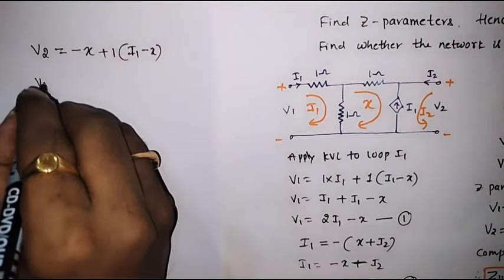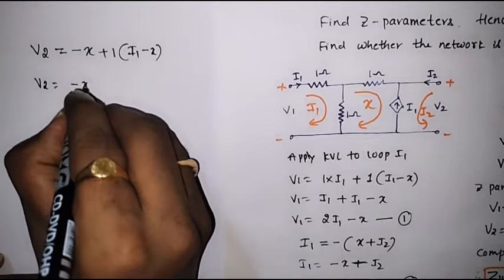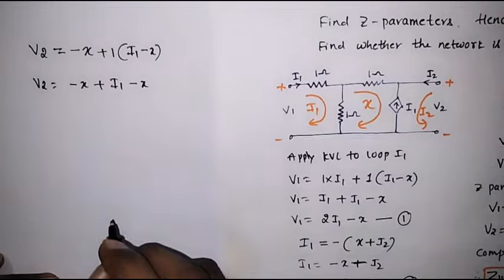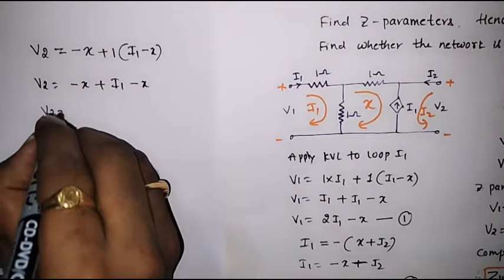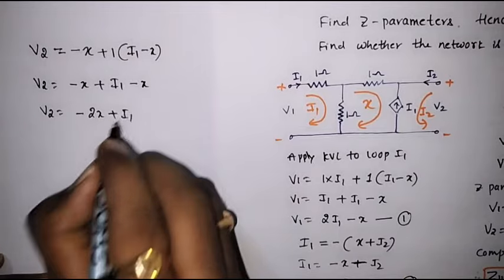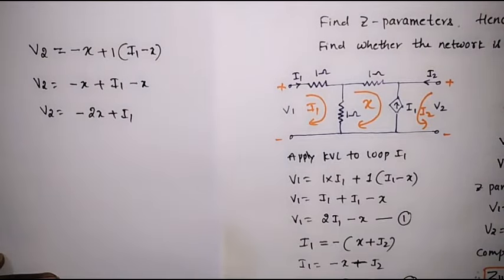Therefore now I will simplify this. V2 is equal to minus X plus I1 minus X. Therefore V2 is equal to minus 2X plus I1. I'll call it equation 4.